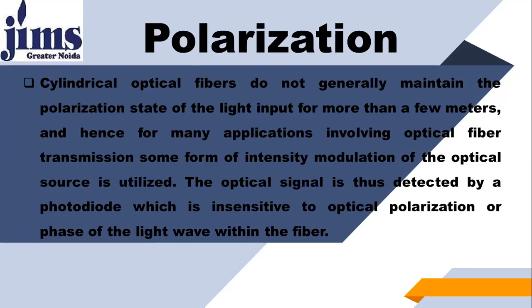So what we prefer in optical communication is intensity modulation. Intensity means we change the intensity of light according to the message signal, or you may say on-off keying, which also comes in the category of intensity modulation. Presence of light, there is intensity of light, represents 1, and when there is no light, darkness, represents 0.